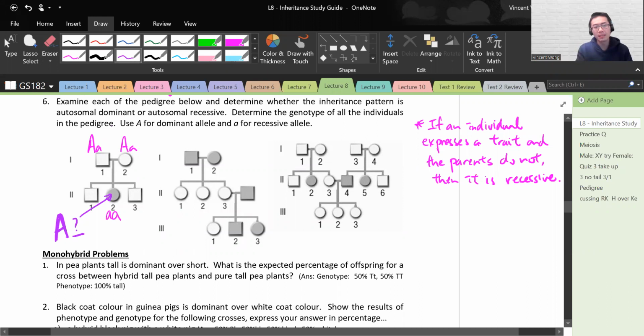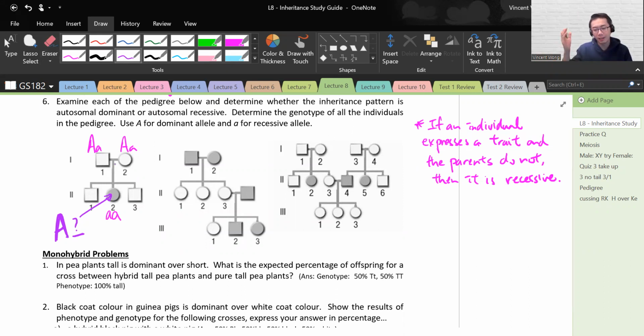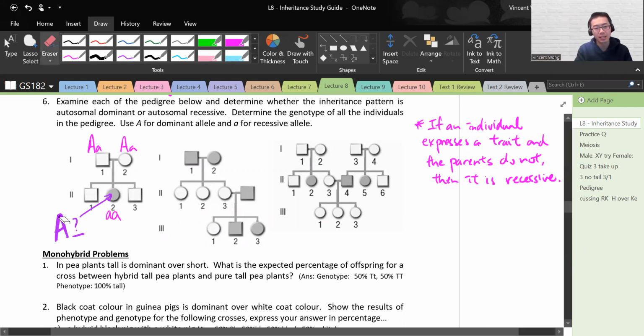Okay. So if it's dominant, you cannot have a child who has the trait, but the parents don't have it. Like if the kid has it and it's a dominant trait, then at least one of the parents must have it. Okay? So let's take a look at the second one here.